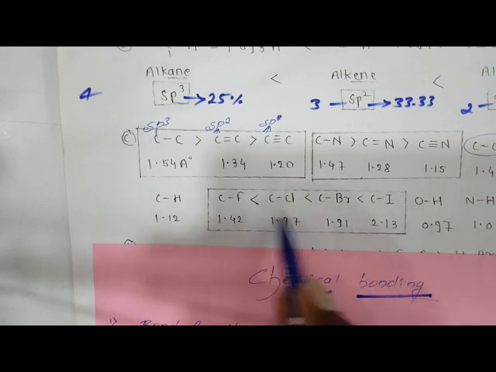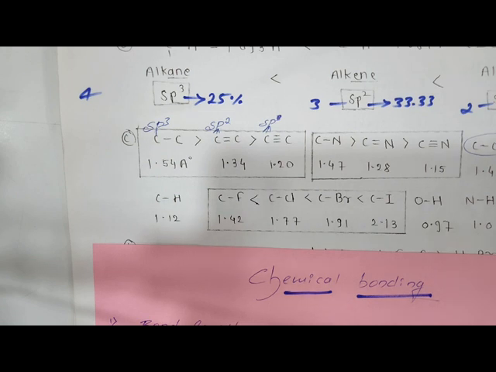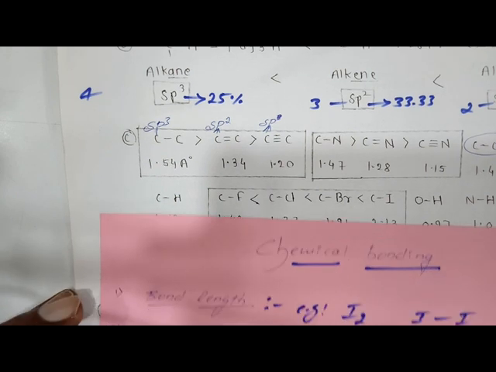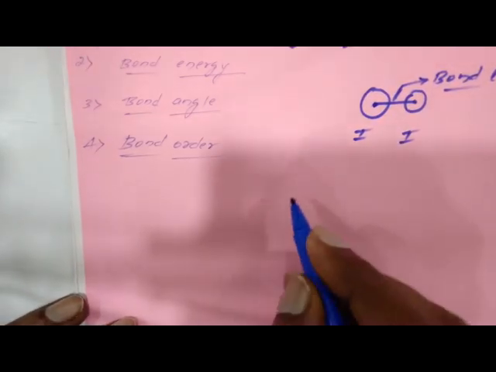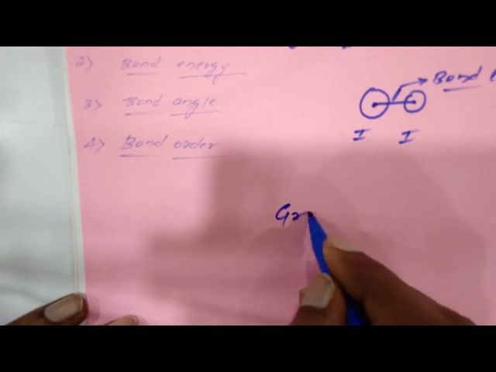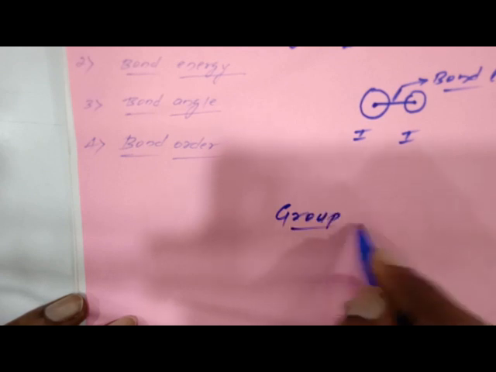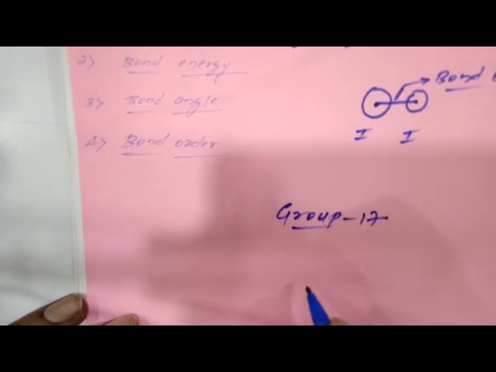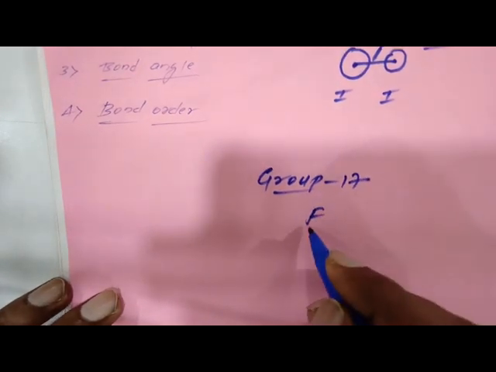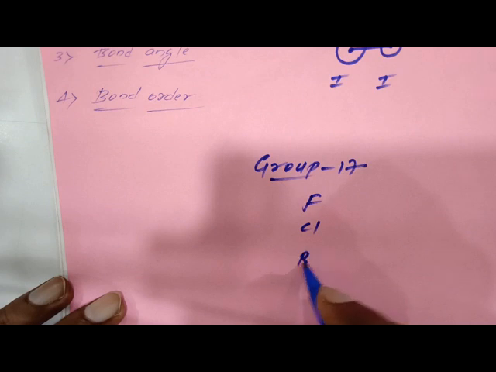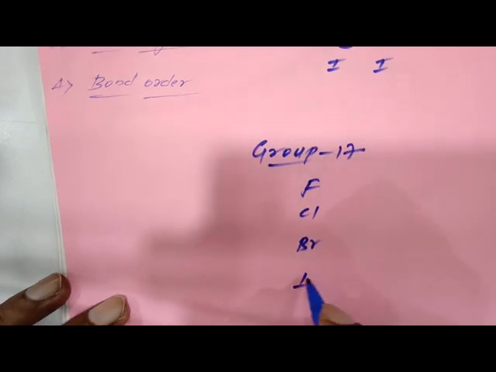These are the halogens. As we know, students, the group 17 elements in sequence are fluorine, chlorine, bromine, iodine.